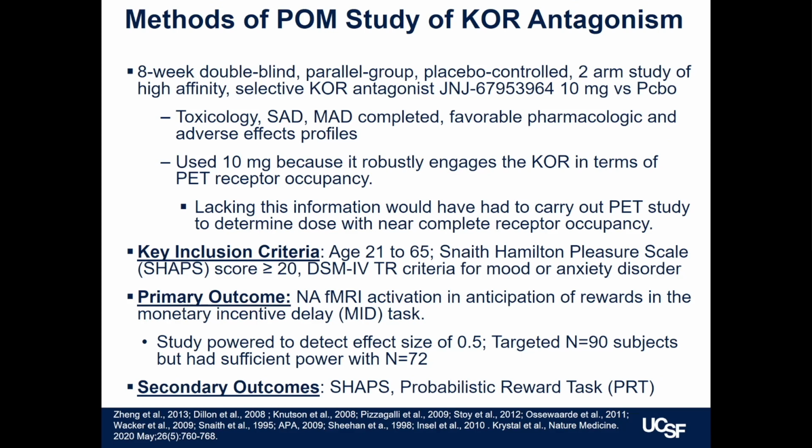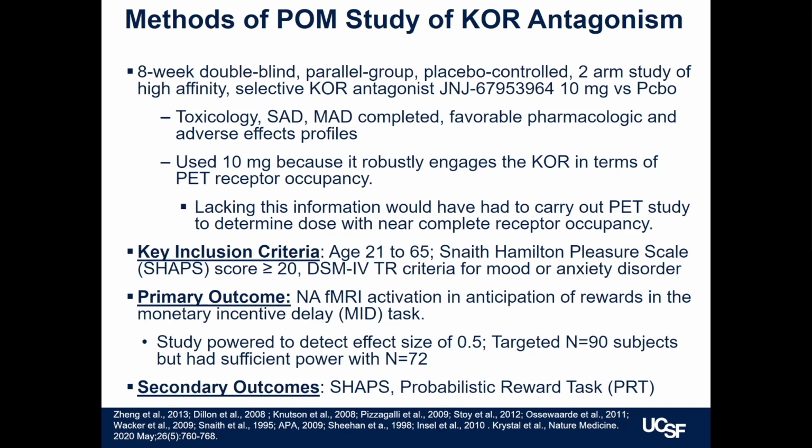And you average the blood flow, the BOLD signal, as an indirect measure of neural activity in this area, the nucleus accumbens, during the period where they're told that they have an opportunity to win money and before they know whether they will win money or not.